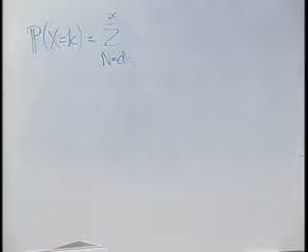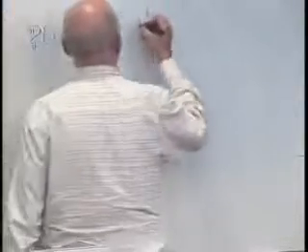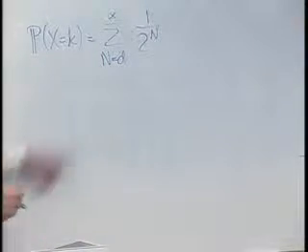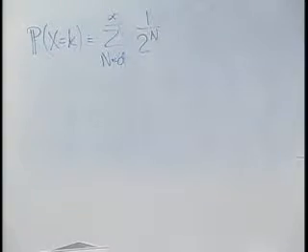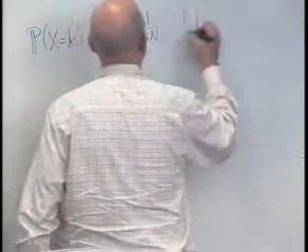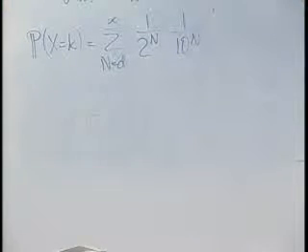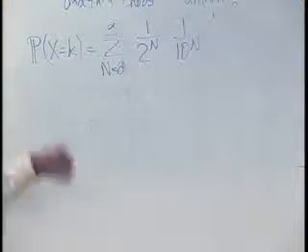And the probability of getting your first head after n flips is 1 over 2 to the n. And then you have 10 to the n numbers, of which yours is 1. So the probability of getting your chosen number is 1 in 10 to the nth.